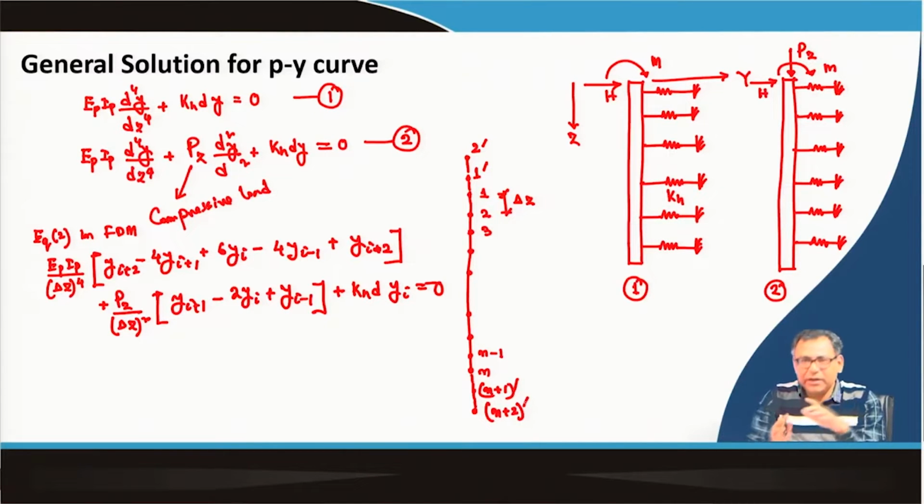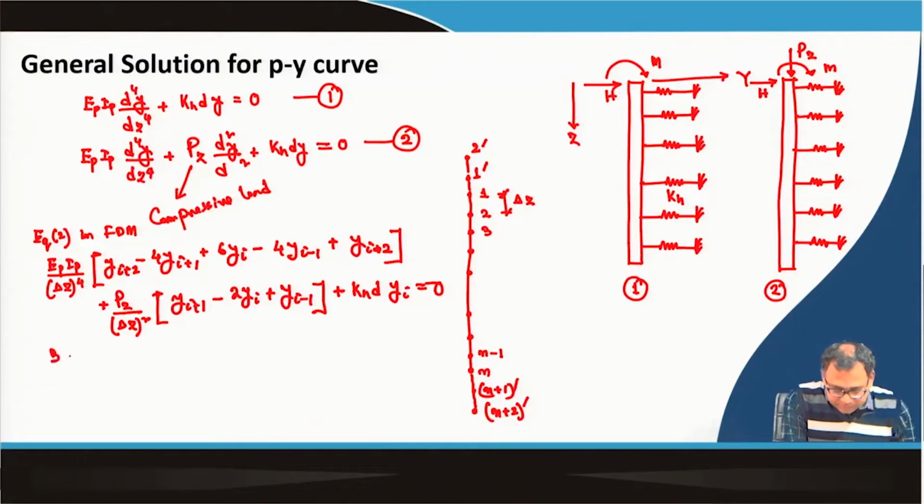Since they are not real nodes, the deflection of these nodes has to be converted to the deflection of the real nodes, and you do that using the boundary conditions. Now, what are those boundary conditions? Here, 1, 2, 3, 4, 4 boundary conditions will be required.